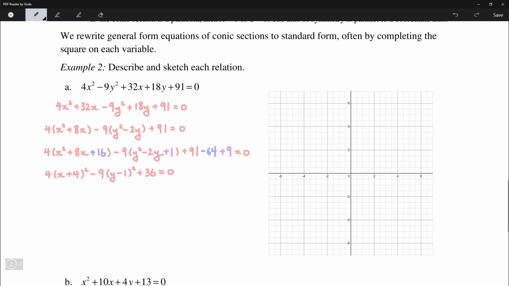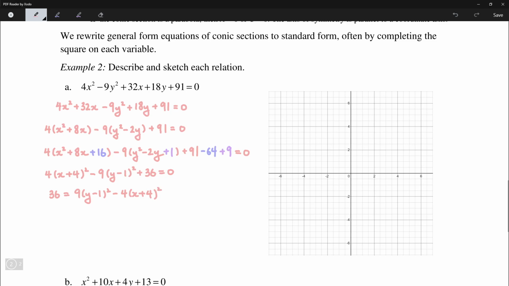So from there, we're going to move these two terms to the right-hand side of the equation and then kind of rewrite everything. So we're going to get 36 is equal to 9 times (y minus 1) squared minus 4 times (x plus 4) squared.